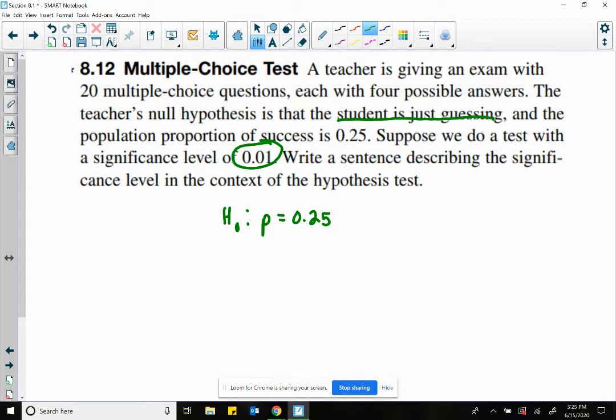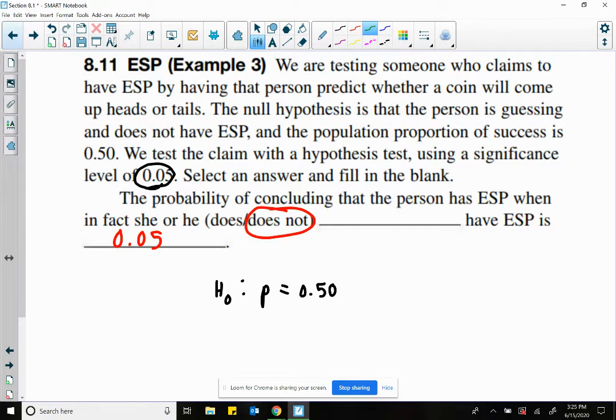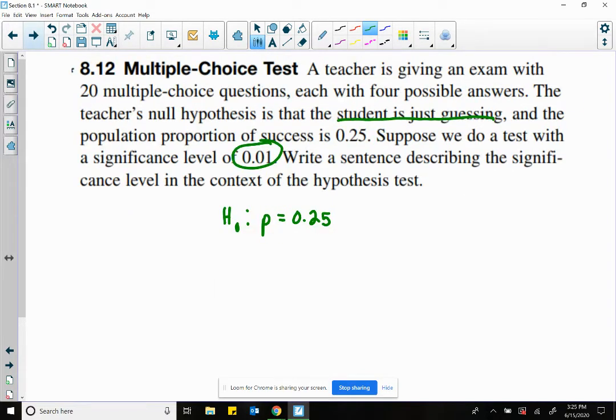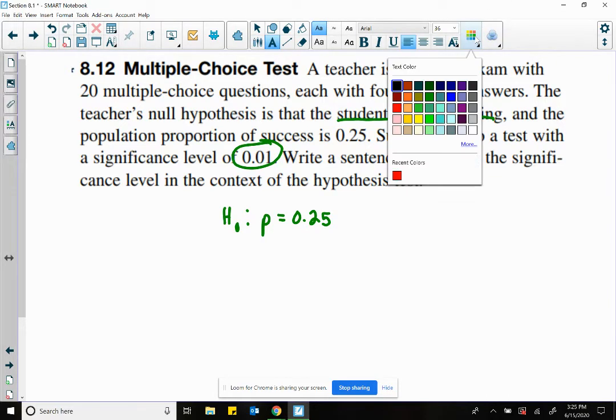So I'm going to use kind of the same format that happened over here. The probability of concluding that, okay, so let's type this out. I'm actually just going to grab my words up here.